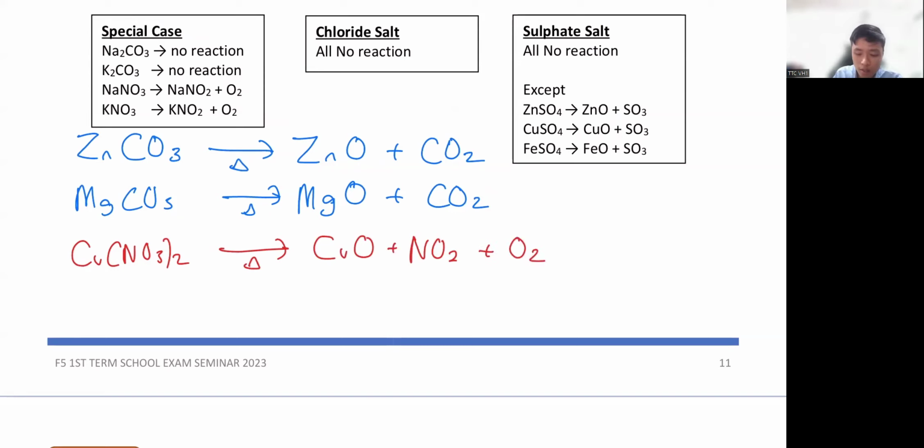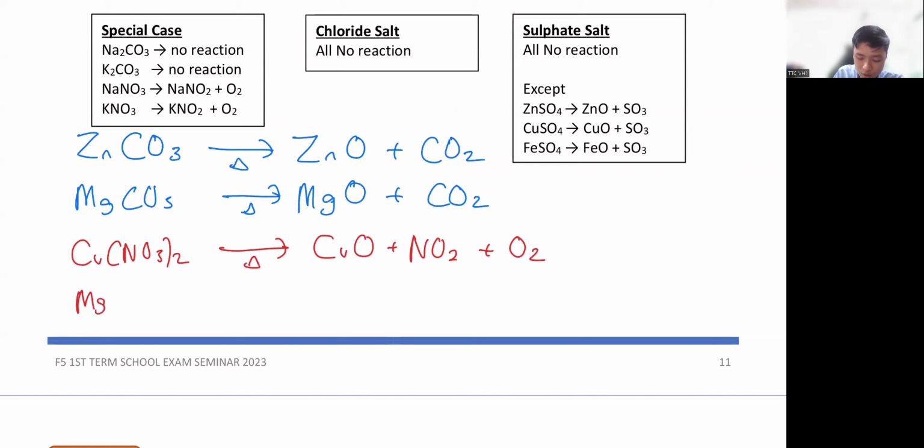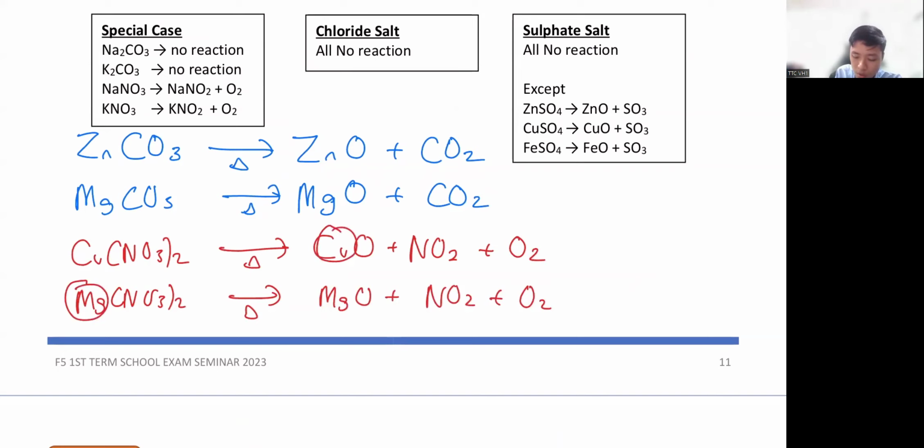If I heat Mg nitrate, what comes out? MgO, NO2 and O2. Same thing, it's just that with a different metal, you get a different metal oxide after the reaction.